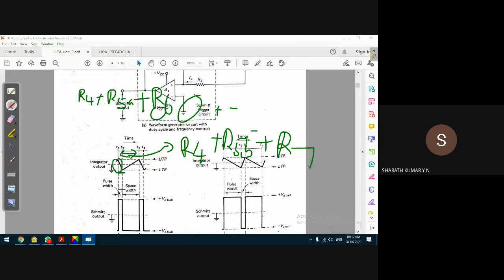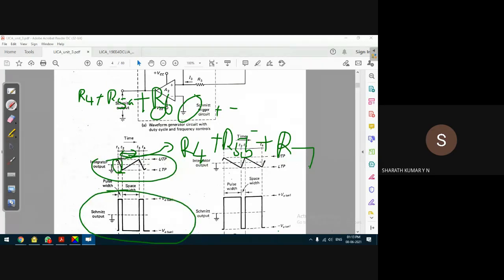So this period is the on period. This is positive and this is negative, the positive cycle and the negative cycle. In the triangular waveform it may not be straight away clear, so observe it in terms of the Schmitt trigger output.